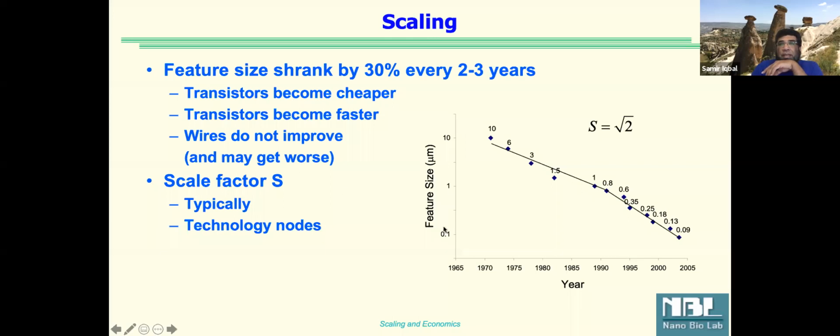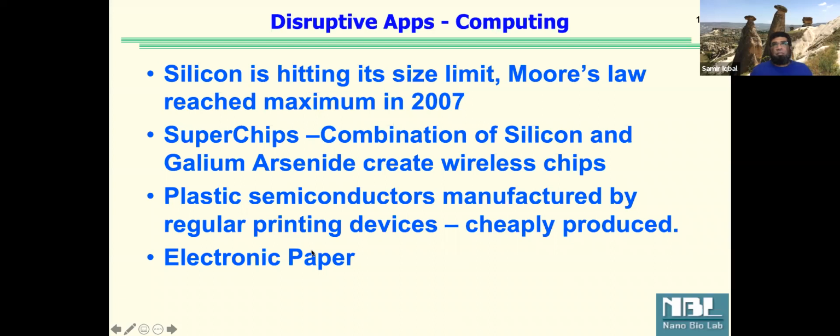The feature size, we started at micrometers somewhere in the 70s, but we went to 90 nanometer by about 15 years ago. And now we are hitting 7 nanometer. We'll talk about that also. That resulted in what we call disruptive computation.